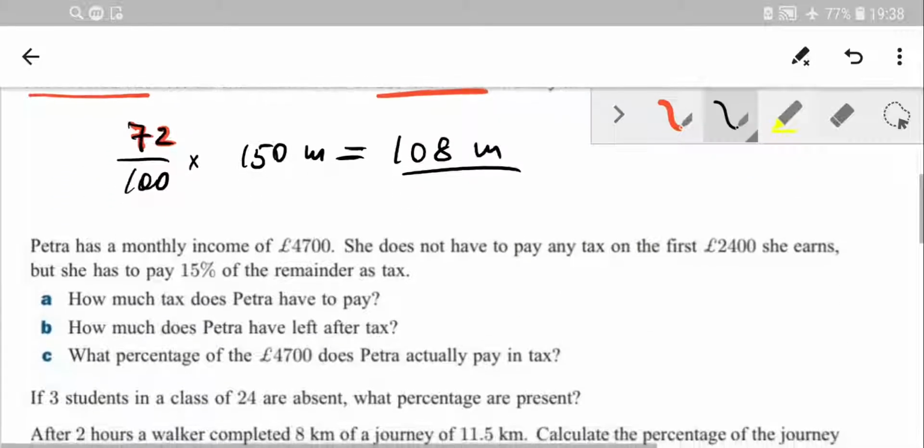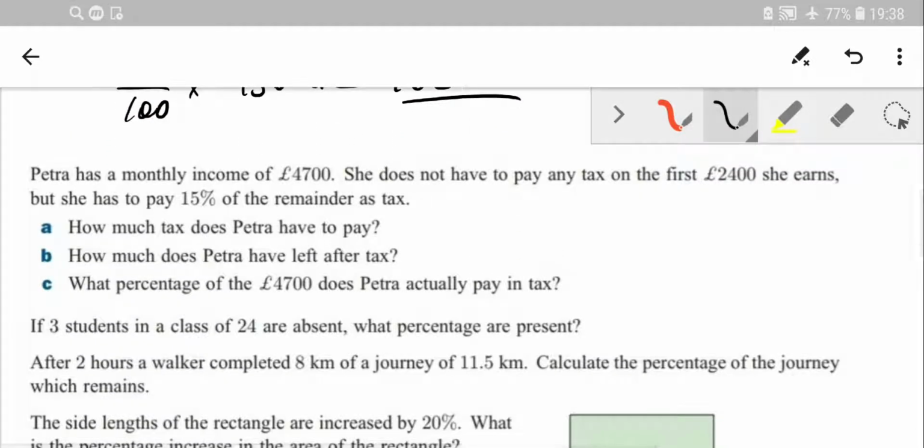Next one. This is a multiple question task, A, B, C. So Petra has a monthly income. She doesn't have to pay any tax on the first amount she earns, but she has to pay 15%. So this is finance or financial maths. Basically, here you need to apply percentage general knowledge to your real world problem task.